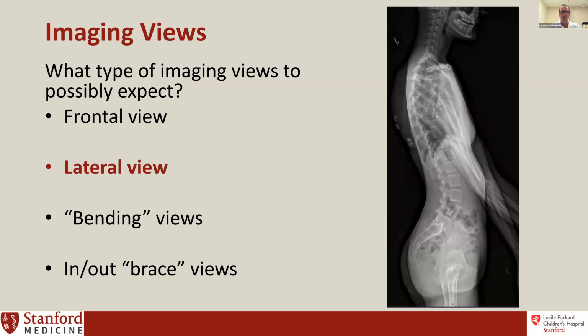Maybe just one more here. Rashanak, should we suggest to our doctor to get a bone age of the wrist before getting X-rays of the spine over and over again? I think that's a reasonable idea. Most treating physicians, whether it's a pediatric orthopedic surgeon or a pediatrician, take into account the skeletal age of the patient.